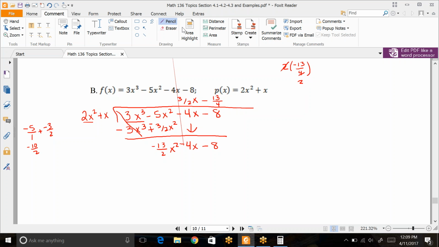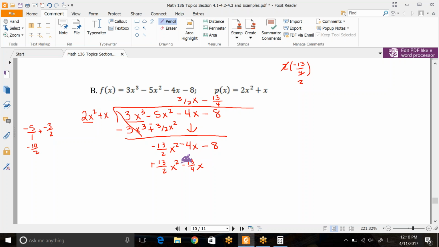Now we don't normally give you anything with fractions like this on the test for long division because that would be very complicated, but you do need to see this just to see how it works out. So then if we multiply this would be -13 over 2x squared. Then we multiply it by the x, so that's -13 over 4x.